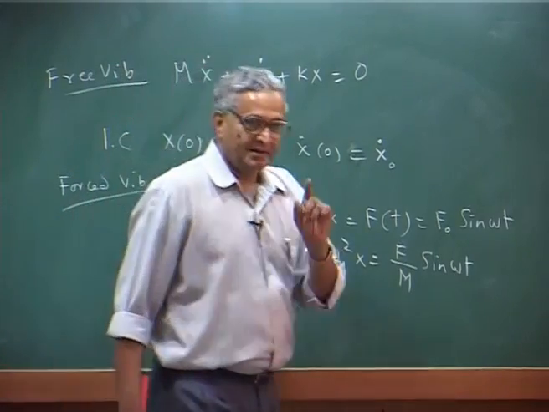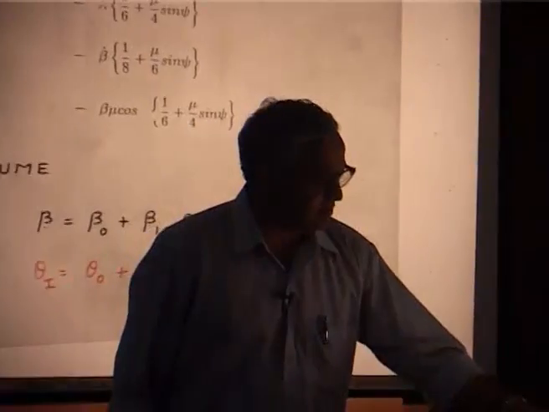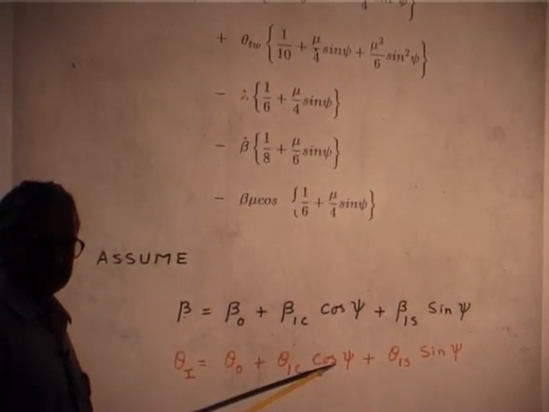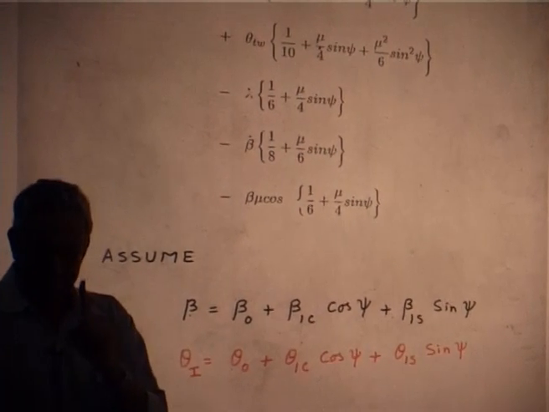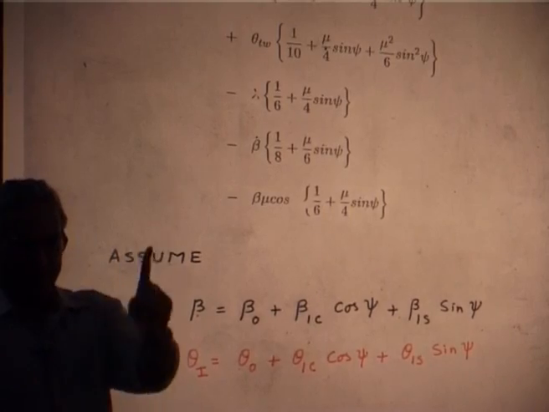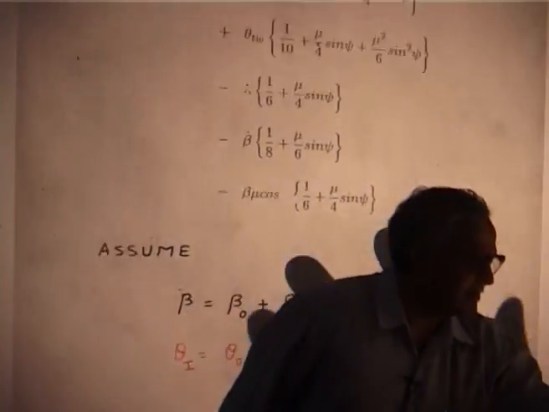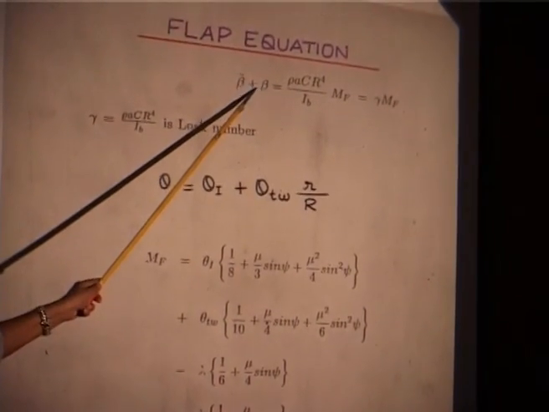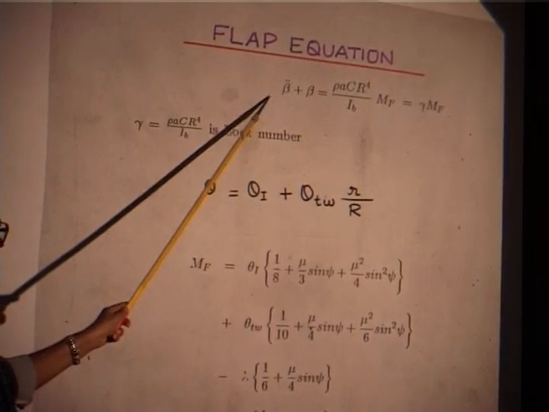In this problem, what we are analyzing is your input is psi, which is 1 per rev, because the variation is 1 in a revolution, and you see this is also 1, because of the second derivative.